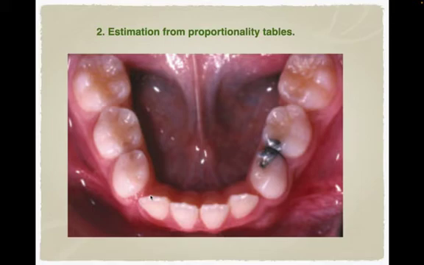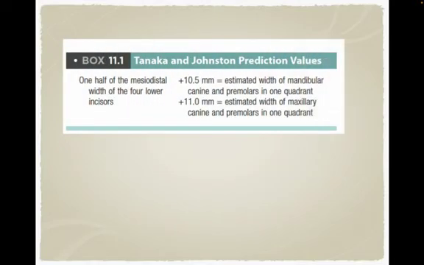Moyers' table is a very good method, and it doesn't need radiation or an X-ray, but it needs you to have the table with you all the time, which is kind of a problem. For that reason, Tanaka and Johnston said it's the same method as Moyers' table, but instead you just need to memorize an equation.